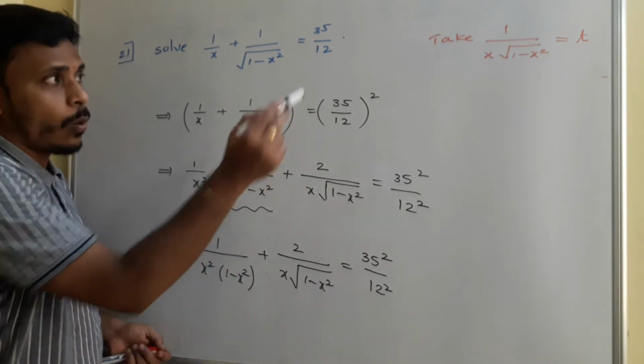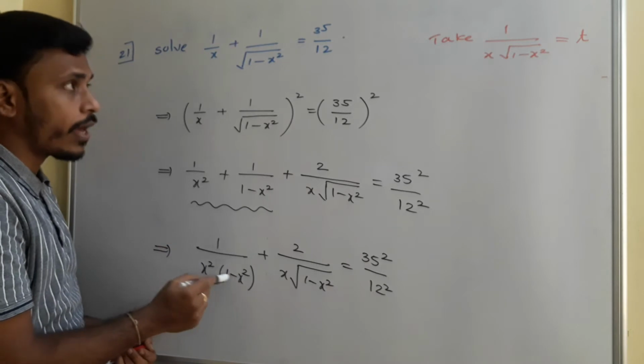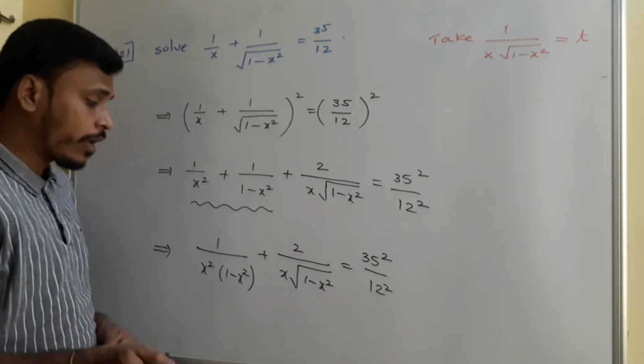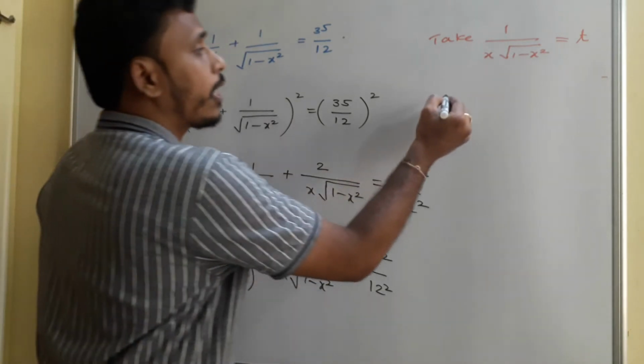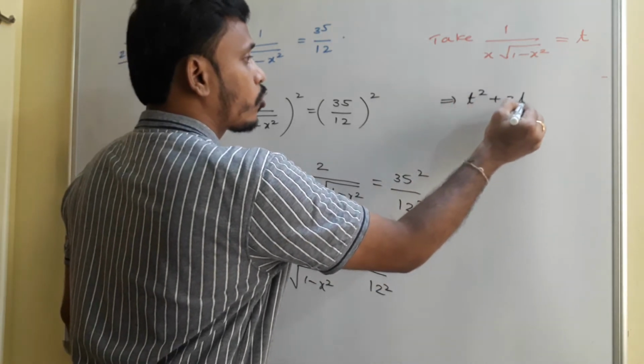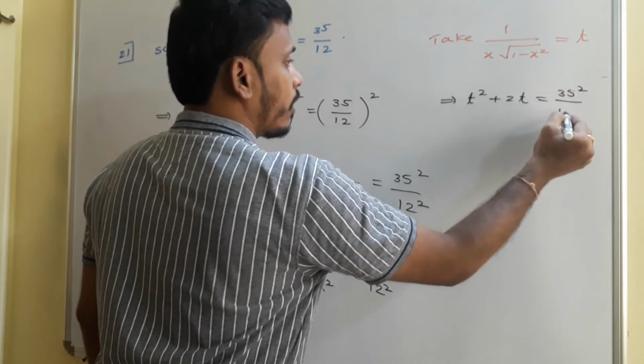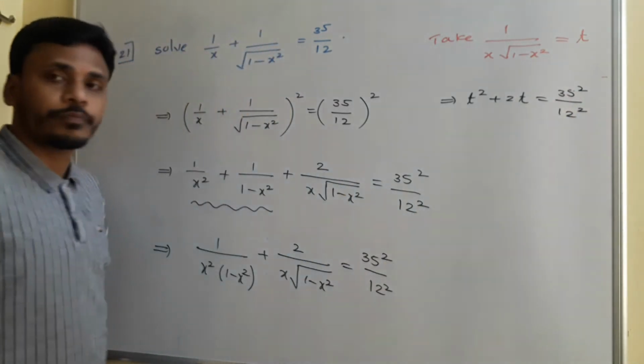Just think about it. When you square on both sides, t square is 1 by x square into 1 minus x square. That implies t square plus 2t is equal to 35 square divided by 12 square.